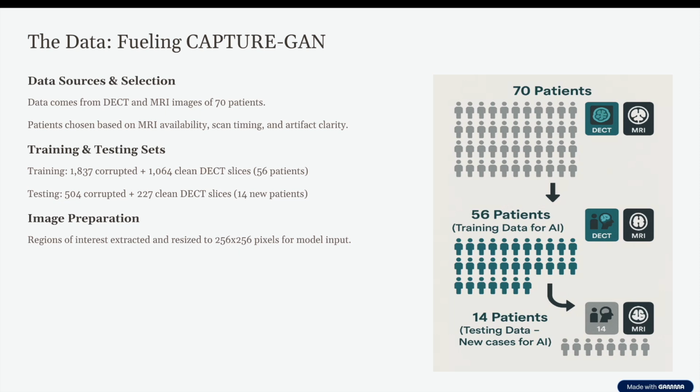Then, to assess generalization capabilities, a separate set of 504 corrupted and 227 clean slices from 14 new patient cases, which the model had never encountered, was used for testing. For consistency in model input, the regions of interest from these scans were extracted and resized to 256 by 256 pixels.